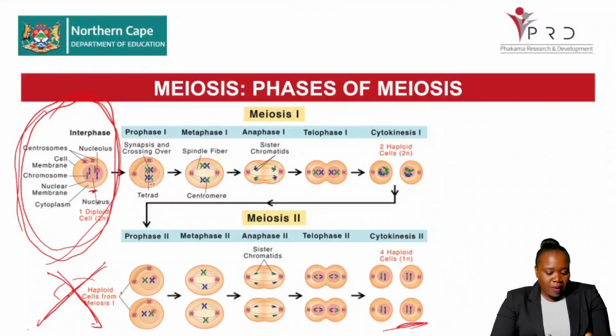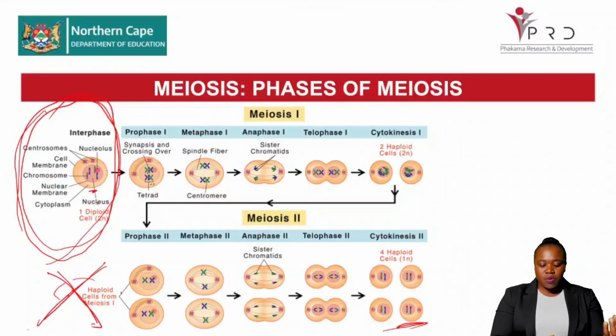Then you should know what happens during metaphase. During metaphase, we see the chromosomes aligning at the equator in homologous pairs, and they are aligning randomly. In anaphase, the chromosomes separate. Whole chromosomes are pulled to the opposite poles.